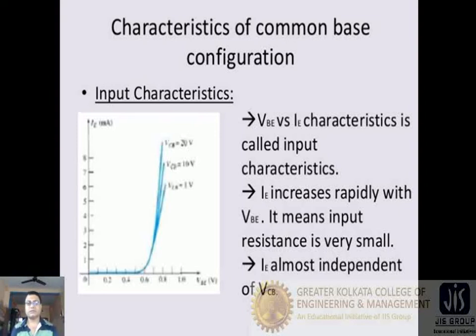IE is almost independent of VCB, that means collector to base voltage. Here we can see it is almost a curve like a diode. It is the input characteristics. We know that in case of the input of the transistor, in case of common base, it is acting as a forward bias diode. So we can get a graph like a forward bias diode. So in this way we can represent the input characteristics of a common base configuration of the transistor.